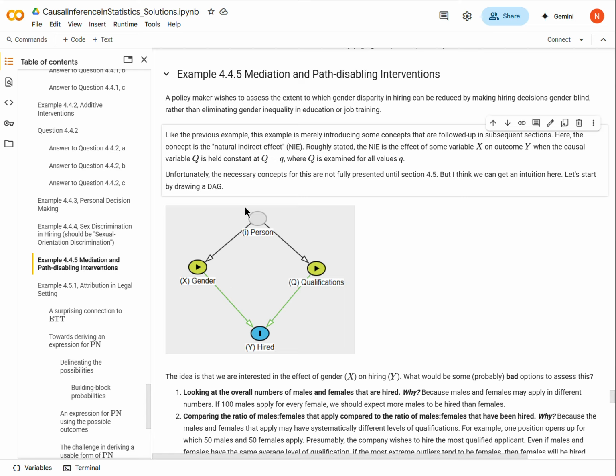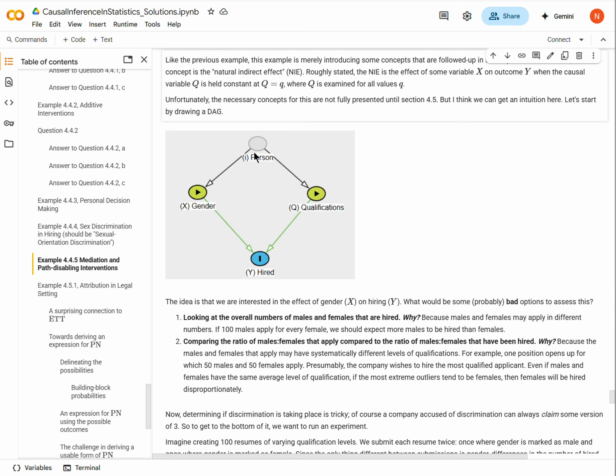Okay, so the DAG that I'm imagining here is that we have a person, and that person has several attributes, and many of these we can call qualifications, and others we can call, but among qualifications is not this other feature that we're interested in right here, which is their sex or their gender. Okay.